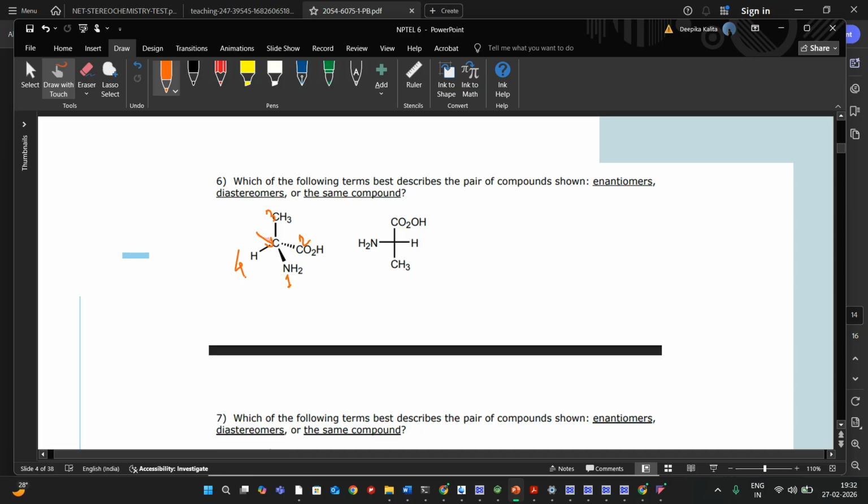So the fourth group is present in the plane, as you see. To assign the absolute configuration, we have to exchange two of the bonds. So at first, if we exchange 4 and 1, the representation will change into 4, 1, 2, and 3.